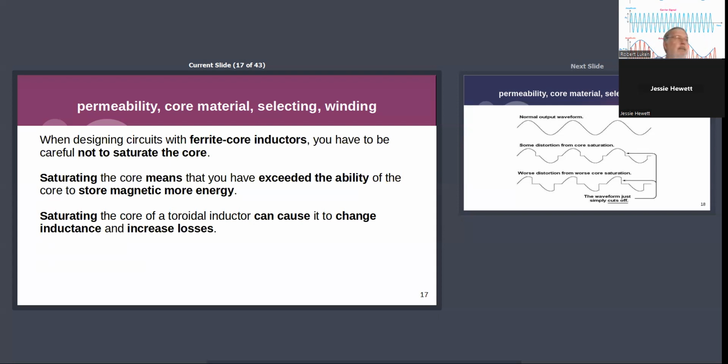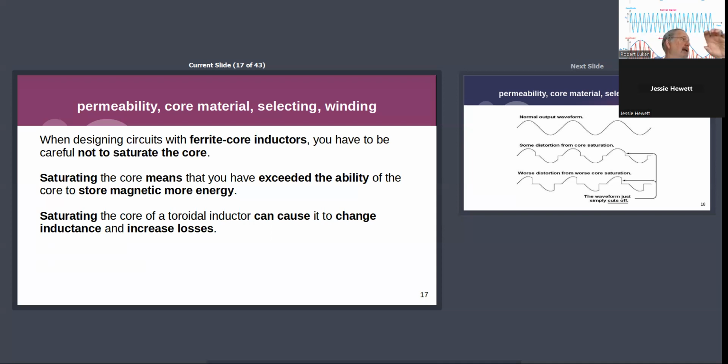You'll see a steep drop in the output waveform. Is that saturation value variable? It depends on the core itself, the material, the size of it, how much power you're putting in. And I think it relates back to that formula for the H, the Oersted's.